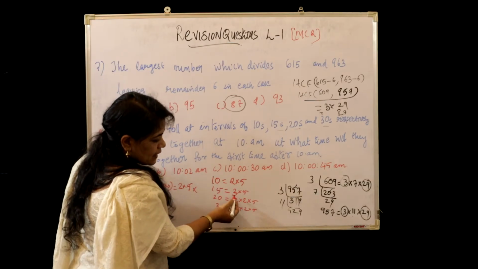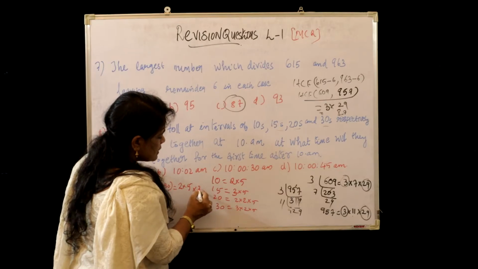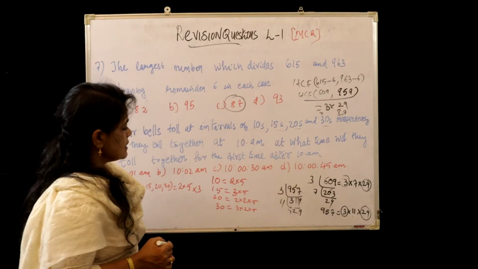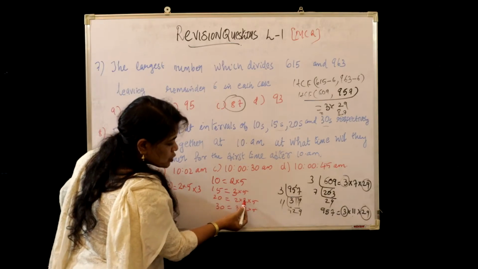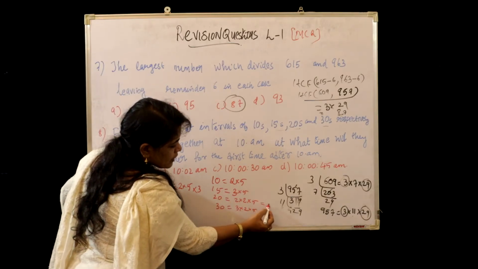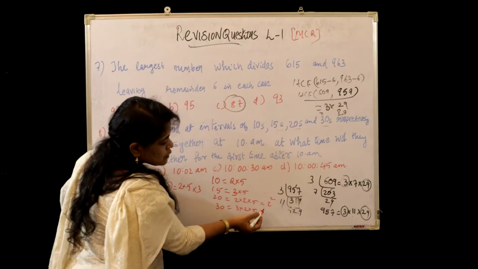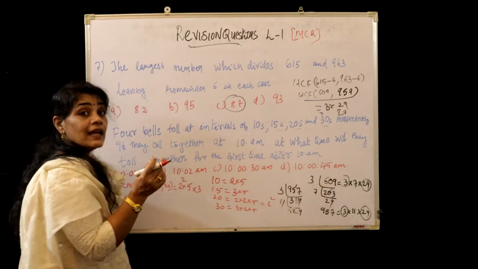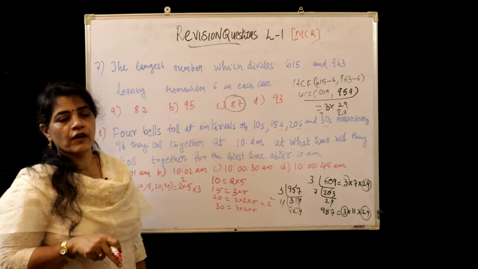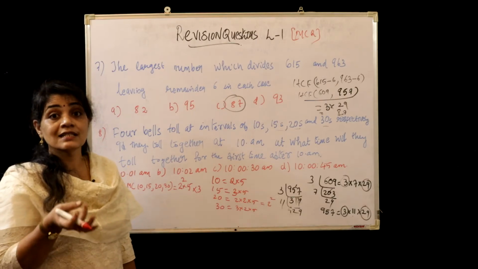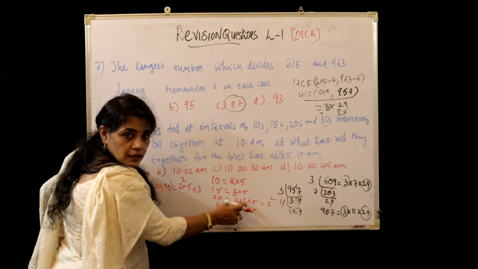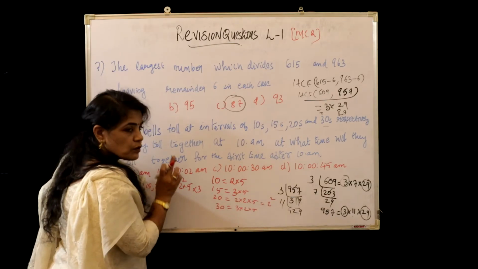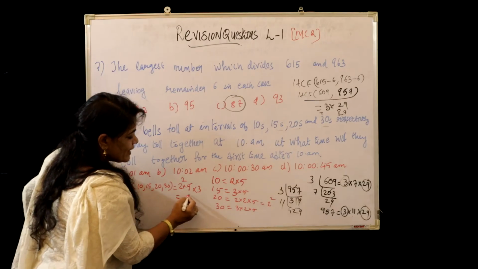And here 3 comes as a prime factor, so you have to consider 3. So all the prime factors we have taken here. Here the power is 2 squared. So you have to take the greatest power of each prime factor occurring in the prime factorization. That is the definition of LCM. So 2 squared into 5 into 3.